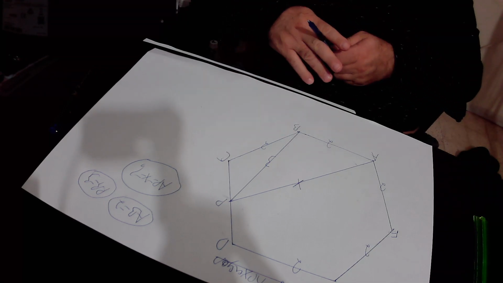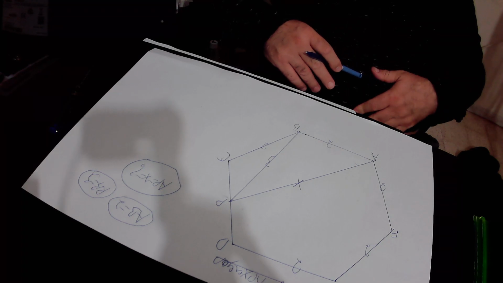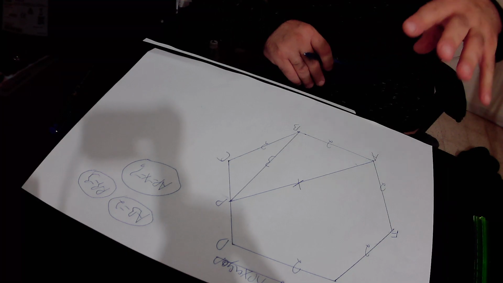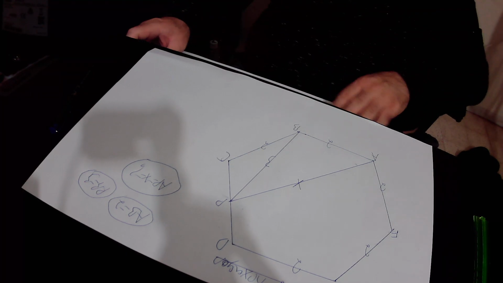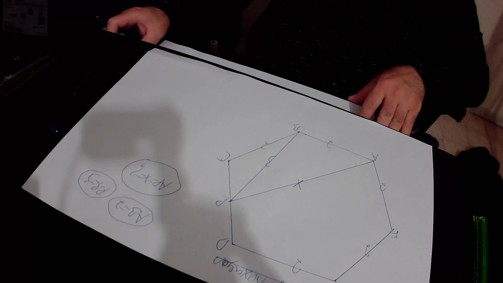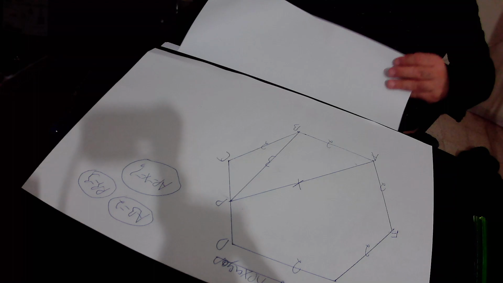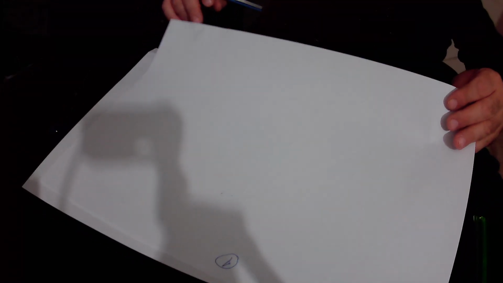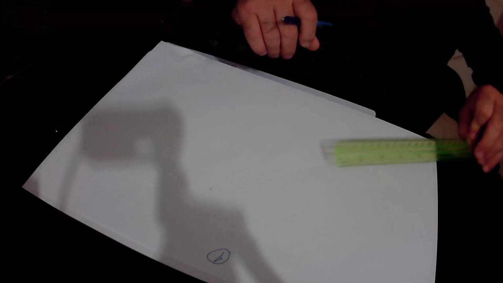Okay, so first of all, we will find out what is the sum of the angles in any regular hexagon. So I will draw a regular hexagon and find out the sum of the interior angles in that regular hexagon.